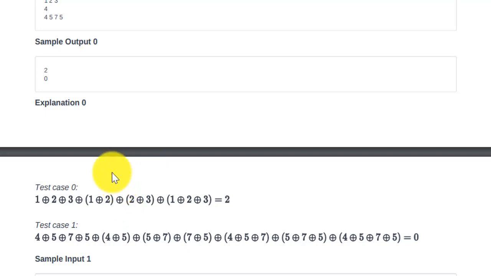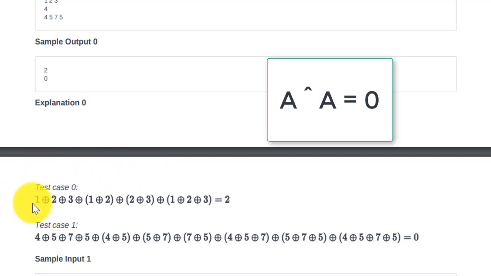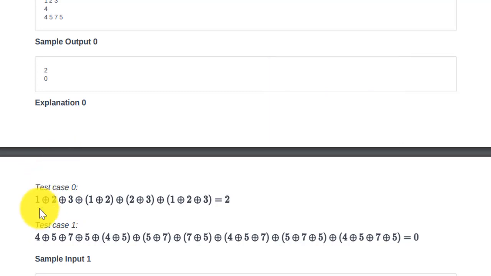Well, remember that a number XOR the same number is going to be equal to 0. A XOR A is equal to 0. 1 XOR 1 equals 0. 2 XOR 2 equals 0.